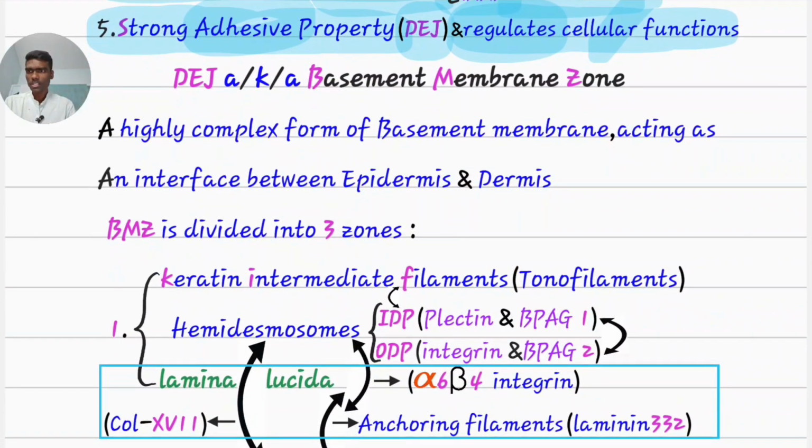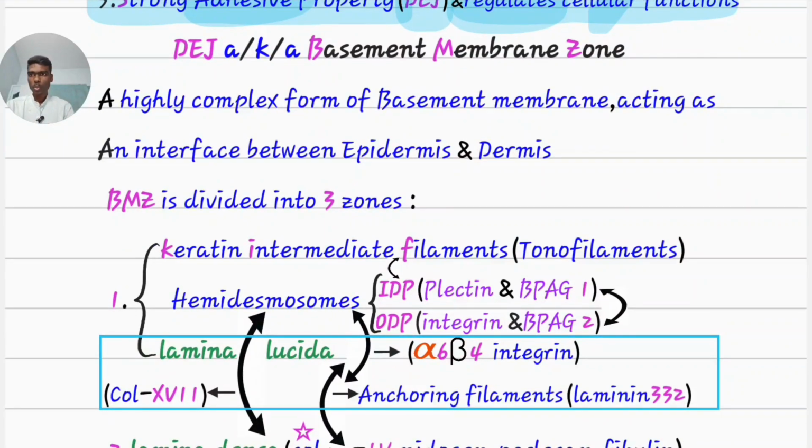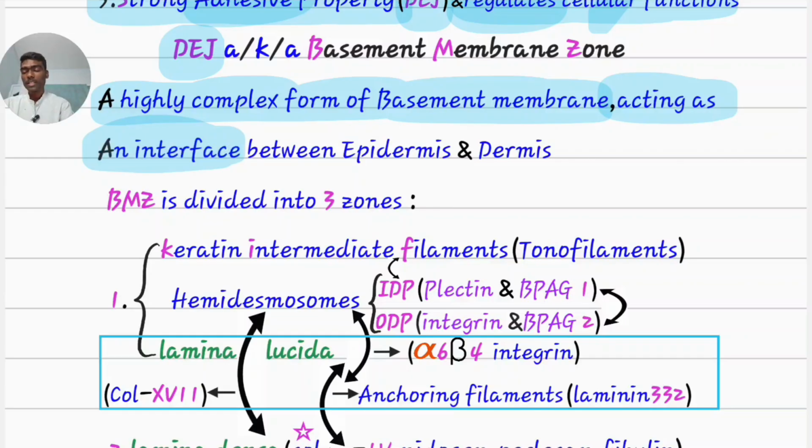Coming to our topic proper, the dermo-epidermal junction. It is a highly complex form of basement membrane acting as an interface. Interface means junction. Here it is the junction between epidermis and dermis. That's why it is called the dermo-epidermal junction. It is divided into three zones.